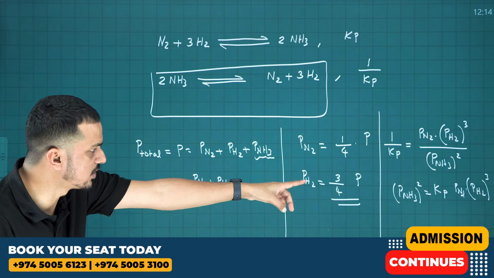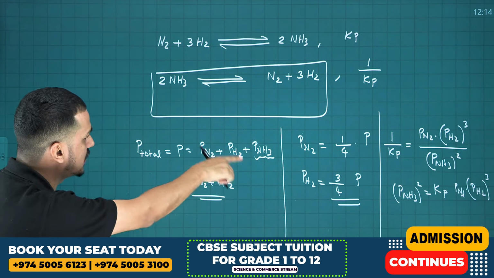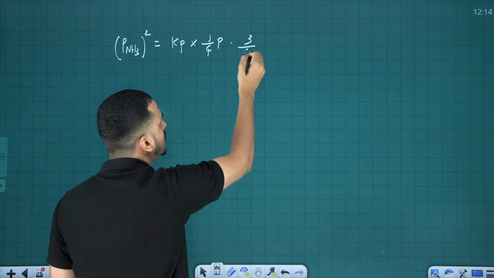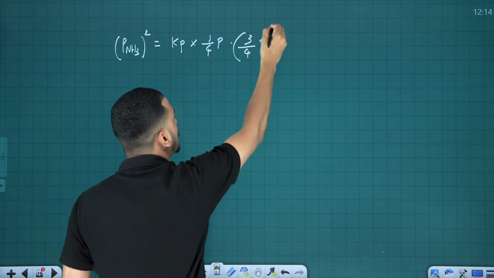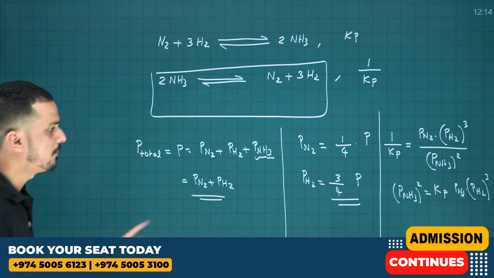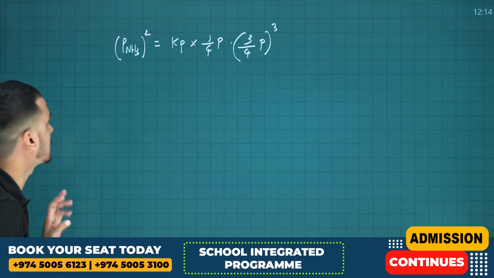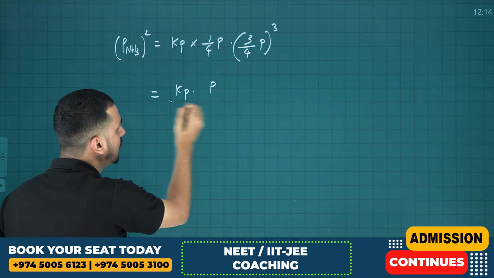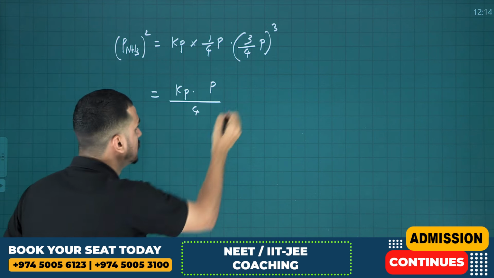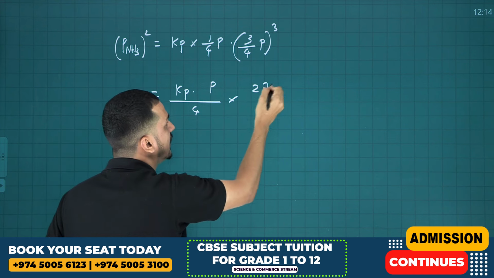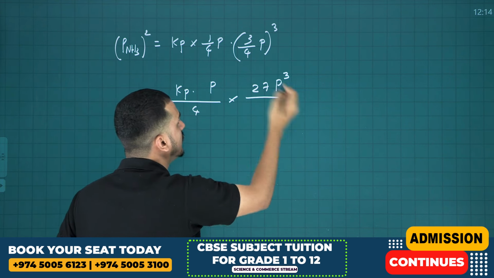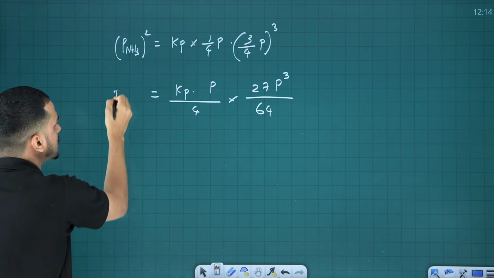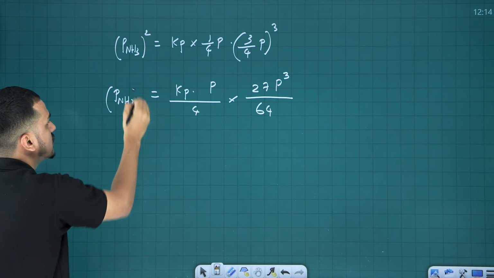Partial pressure of H2 all cube, where H2 is 3 by 4 into P, all cube. Am I correct? So that is equal to Kp into P divided by 4 into 3 cubed, which means 27 P cube divided by 4 cube, which means 64. This is equal to partial pressure of NH3 all square.